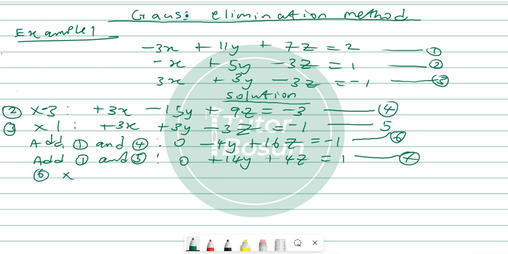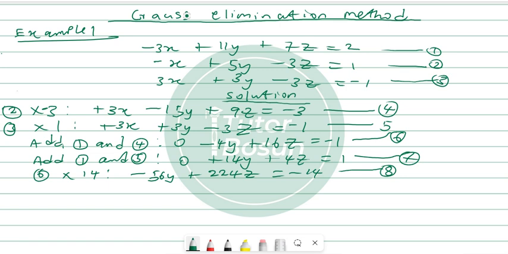So equation 6 multiplied by 14, we have minus 56y plus 224z equals minus 14. Let's call that equation 8.